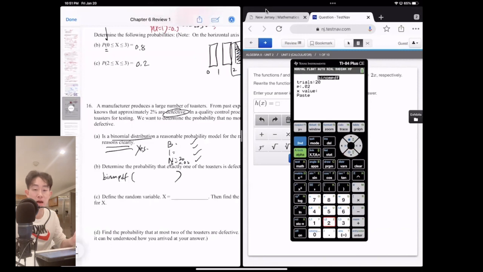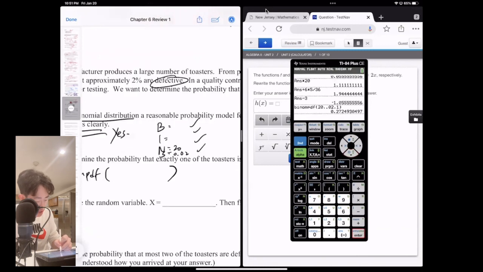Even though defective is a bad thing, we're going to consider that our chance of success because that's the thing we're looking for. And x value, we want exactly one of these toasters to be defective. So the chance of that happening is 0.2724. So that's 20, 0.02, 1.